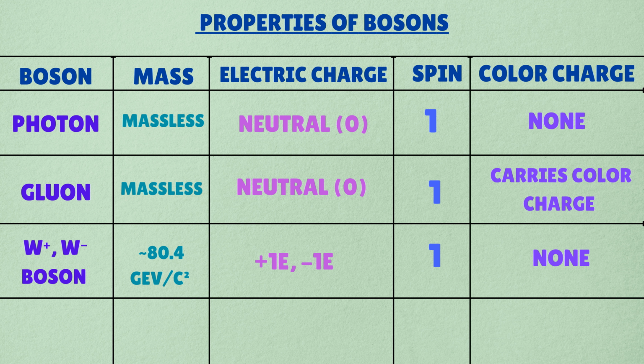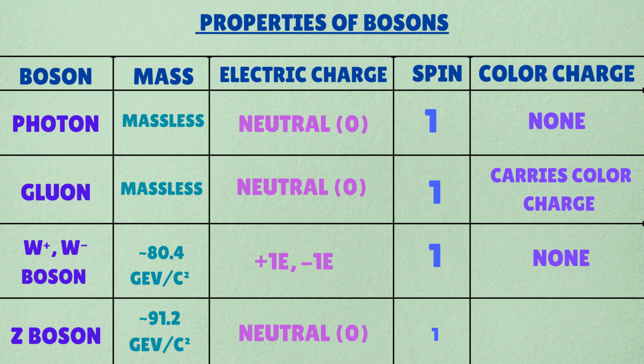They are responsible for mediating the weak force. Z boson. The Z boson is massive, with a mass of about 91.2 gigaelectron-volts per speed of light squared. It is electrically neutral and has a spin of 1. Like the W bosons, the Z boson does not carry color charge and is involved in the weak interaction.